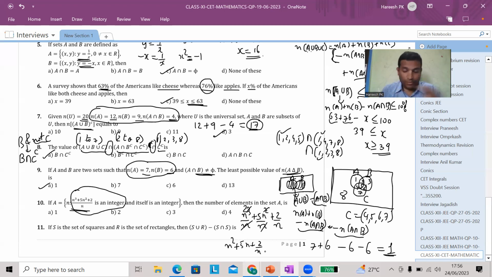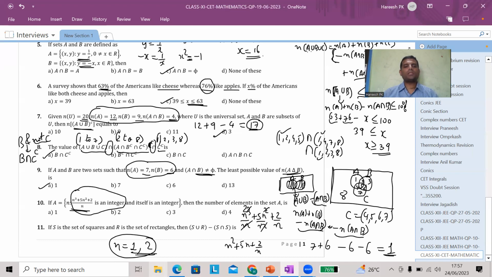Now, if the whole thing has to be an integer, n is an integer. So the first term, n square, is an integer. 5 into n also is an integer. Now 2 by n must be an integer. If 2 by n has to be an integer, n can take only two values: n is either 1 or n is equal to 2.